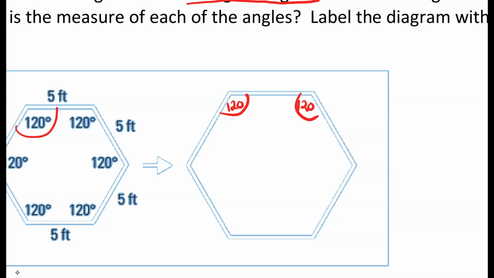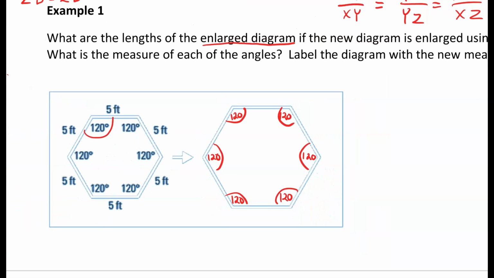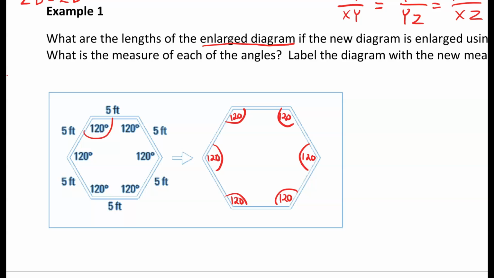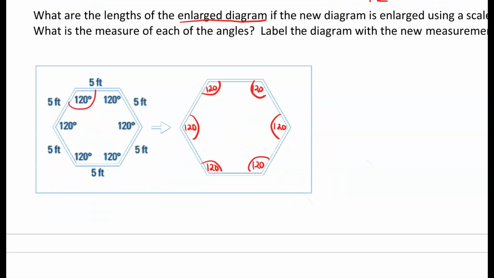All of the angles are 120, so it would copy the exact same angle. If you do your shape correctly, none of the angles should change with their corresponding angles. So all corresponding angles would be the exact same if you enlarge it or decrease the size.